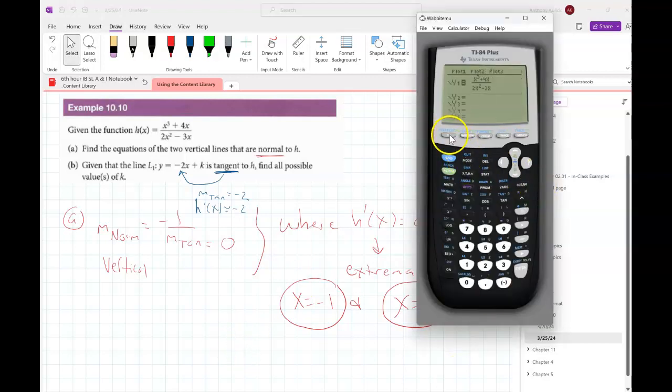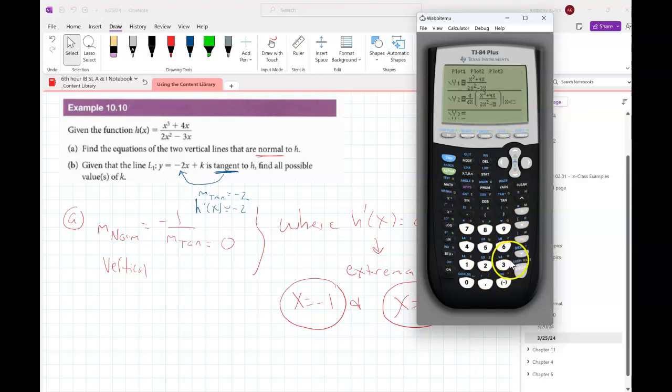Let's see. I think they're assuming that we can graph this on our calculators. I'm not positive that's possible. Let's see what it does for us here. The textbook is using like a computer algebra system calculator here to do this.